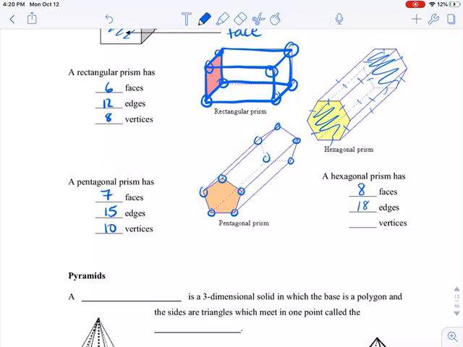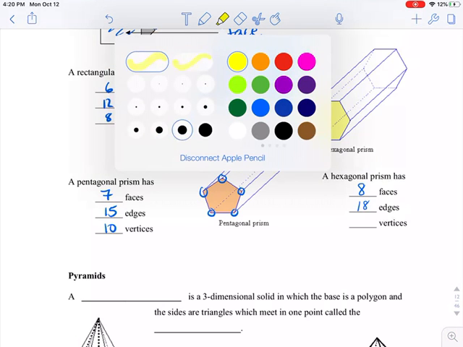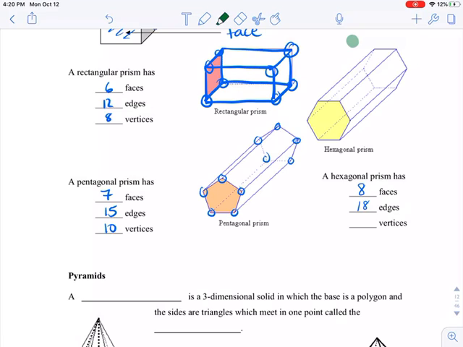So 18 edges. And then vertices. Let's get a different color. 1, 2, 3, 4, 5, 6, 7, 8, 9, 10, 11, 12. So 12 vertices.